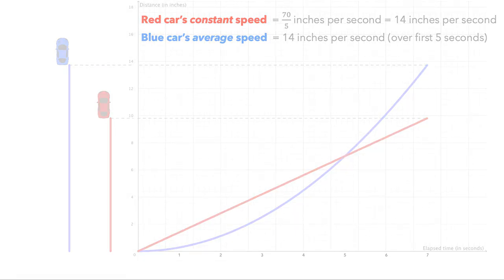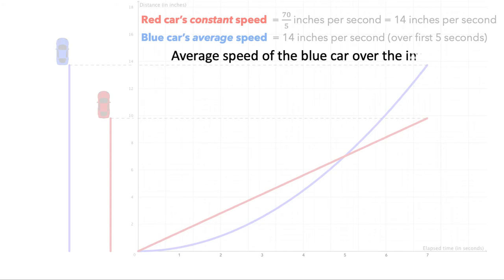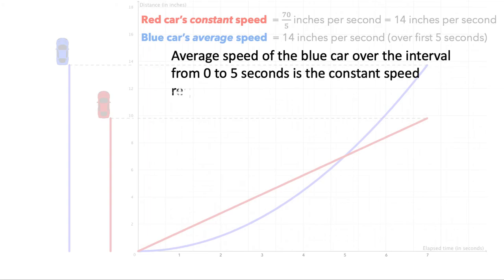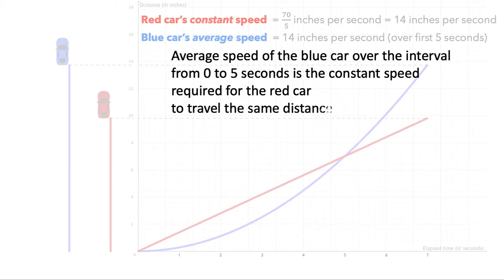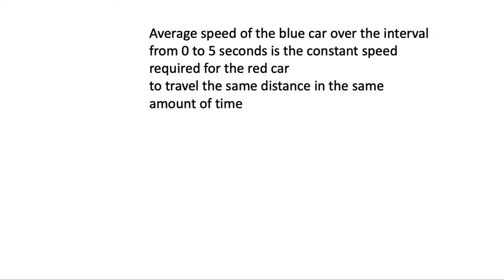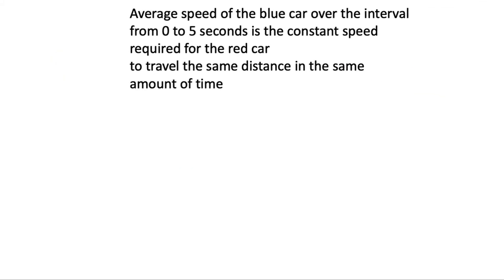In this scenario, the average speed of the blue car over the interval from t equals 0 to 5 seconds was the constant speed required for the red car to travel the same distance in the same amount of time. And we can state this more generally.